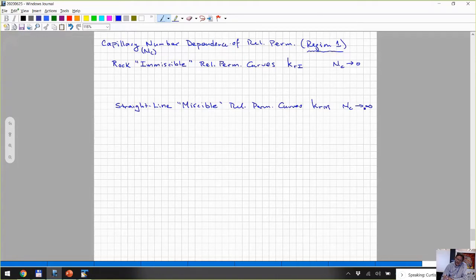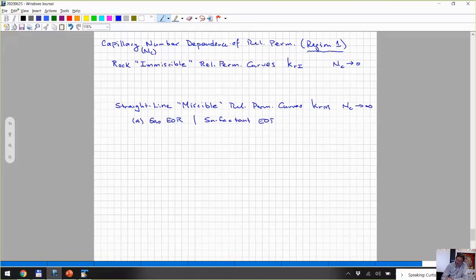All the interfacial forces are overcome by this. So usually the interfacial forces are driven to 0, and we think about these miscible curves traditionally in, for example, gas EOR, maybe surfactant EOR.